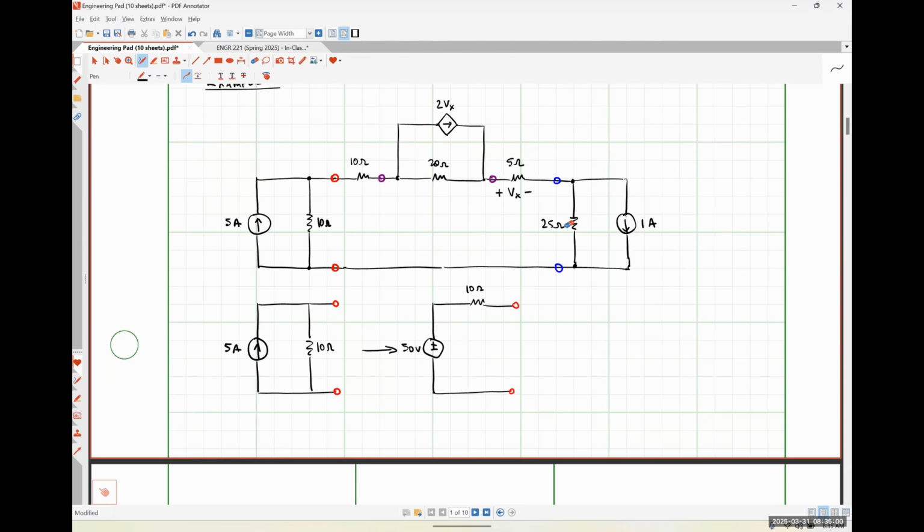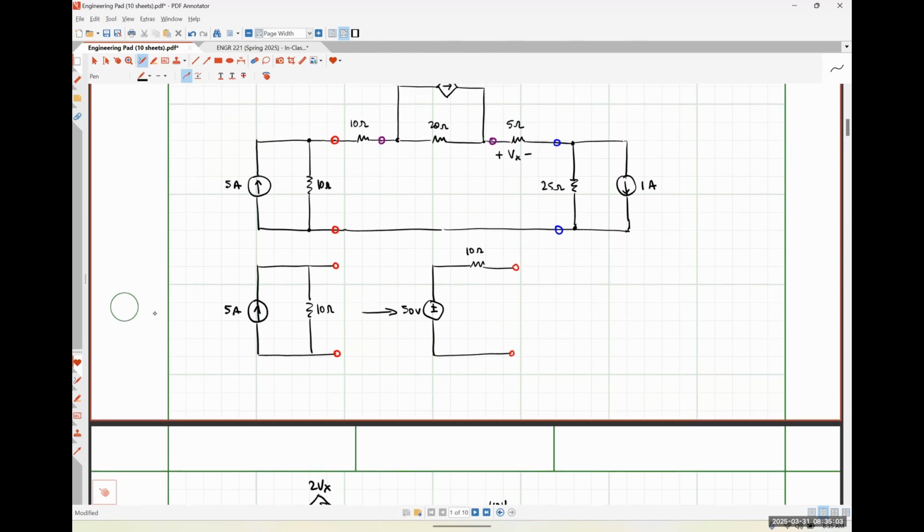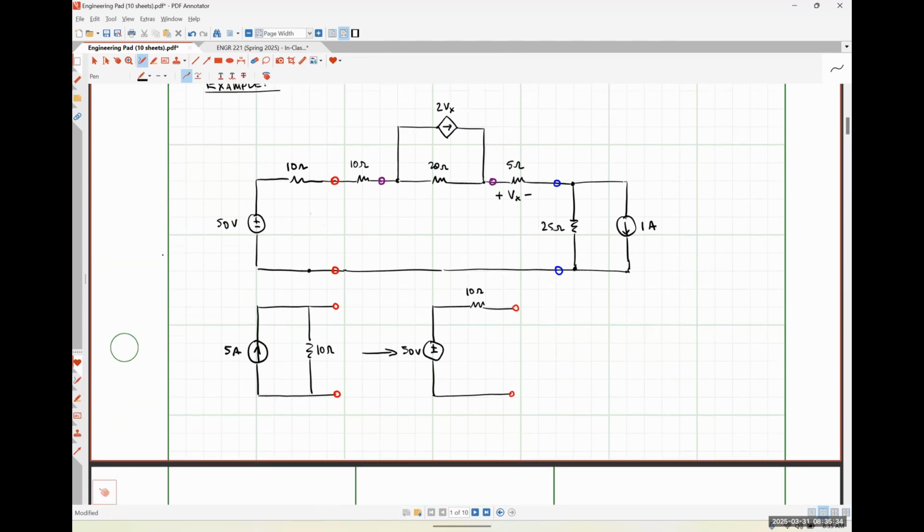Okay, so what I'm going to do now is literally just erase all three of those practical current sources from my original diagram and replace them with the practical voltage sources that we came up with. So my 5 amps in parallel with 10 ohms is going to now look like 50 volts in series with 10 ohms.